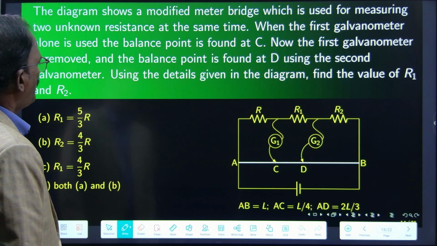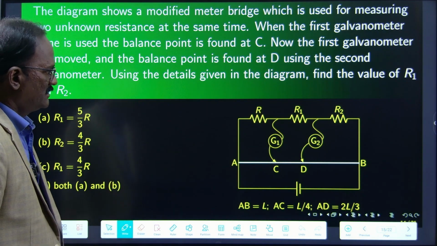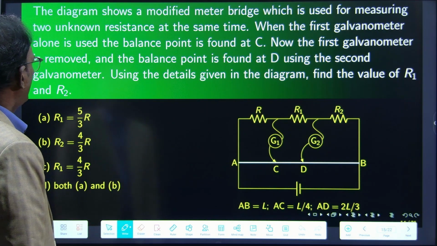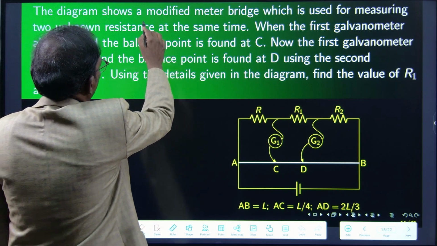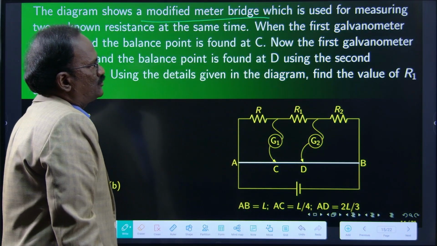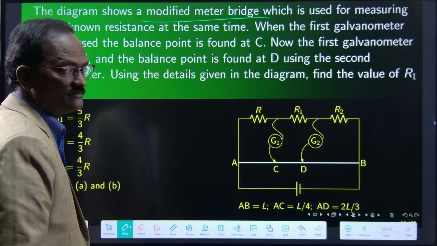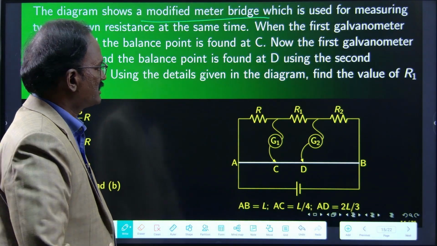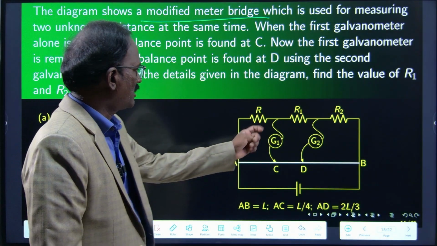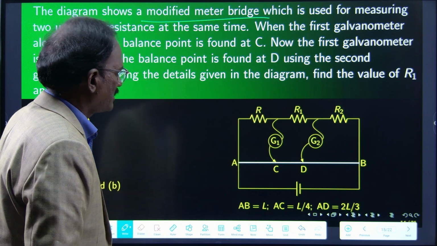This problem is a modified meter bridge. The diagram shows a modified meter bridge which is used for measuring two unknown resistances at the same time, R1 and R2. R is the standard value, let us assume.